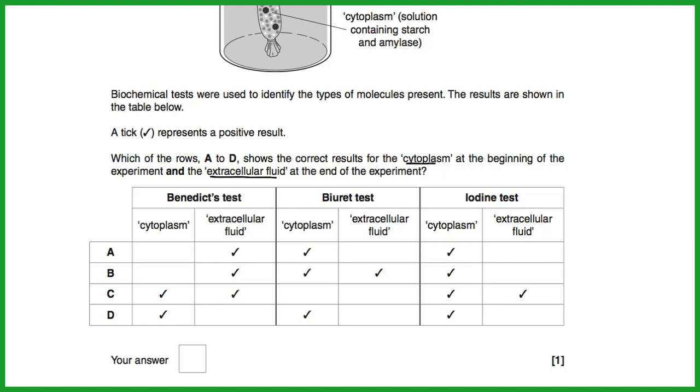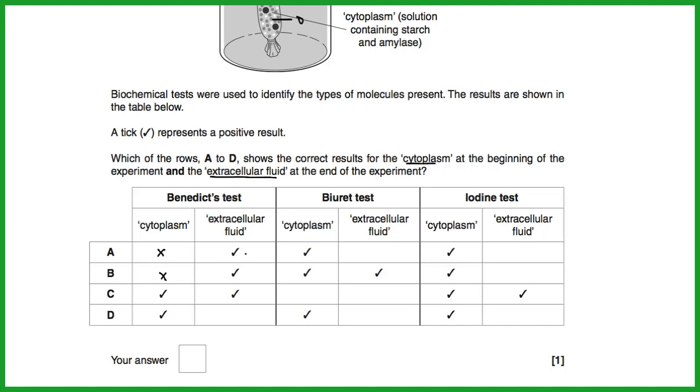Now, at the beginning, there's going to be no maltose in the cytoplasm, so A is correct, and B also has got no maltose in the cytoplasm, whereas they do have maltose in the extracellular fluid, and the reason why it'd be there is because it will have diffused out because the digestion would have occurred inside the model cell.